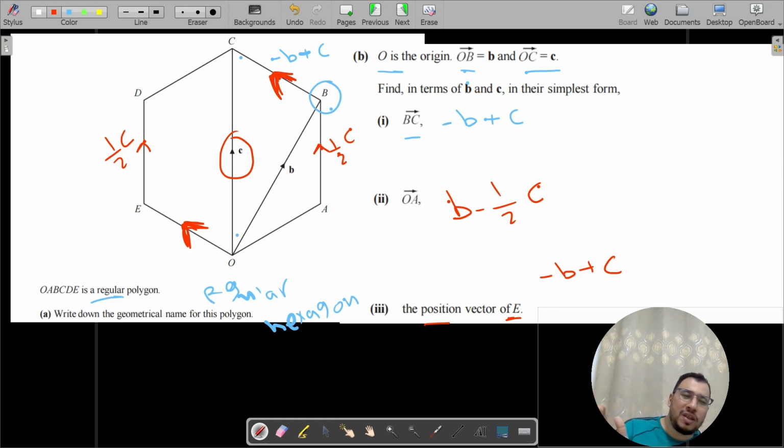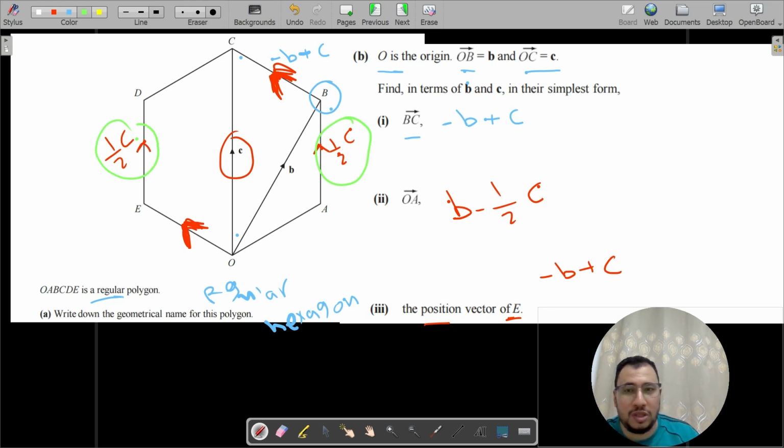Why? Because they are parallel to each other over here. How can I know that they are parallel? You must know some properties of geometrical shapes. Now, I am telling you that this and this are parallel and equal to each other.